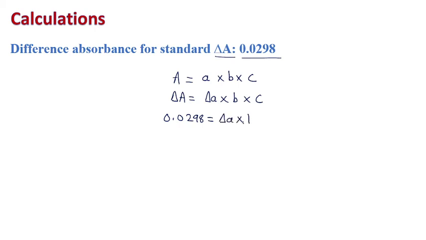Then the path length in our instrument used for recording this absorbance was 1 centimeter, and the concentration of the solution whose absorbance was recorded, we know it was 1 microgram. Okay, so we can find out delta a because it is 1 here and here, so delta a will remain the same, it will be 0.0298. So this is the absorptivity, right? This is the absorptivity for our standard.